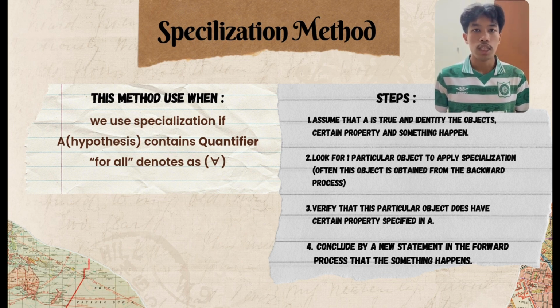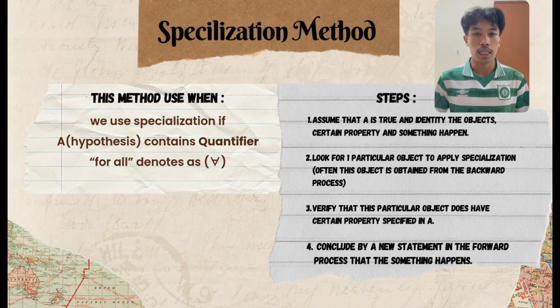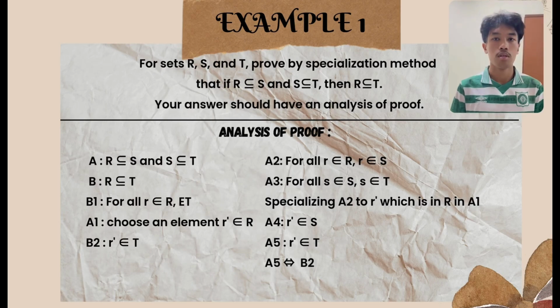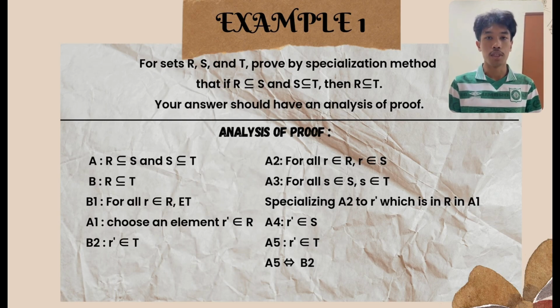Often this object is found from the backward process. For the third step, verify that this particular object does have the property specified in A, that is for all. And for the last step, conclude with a new statement in the forward process that the something happened for this specialization method.